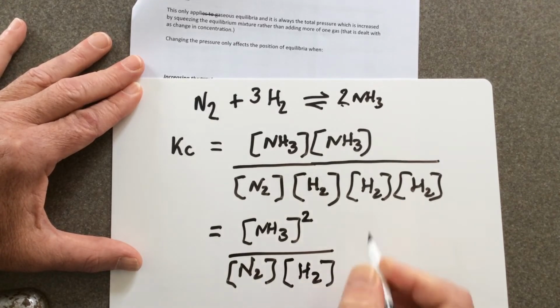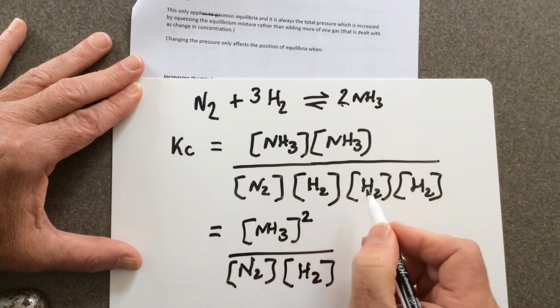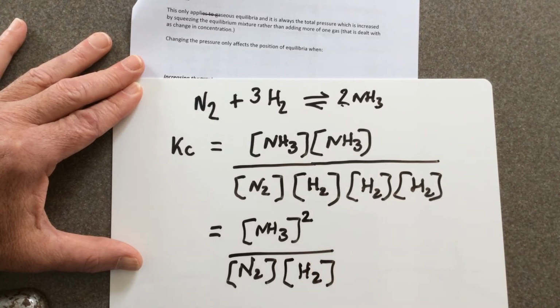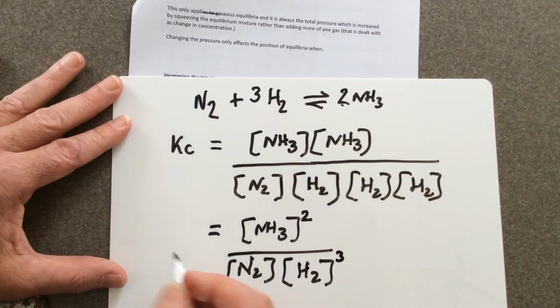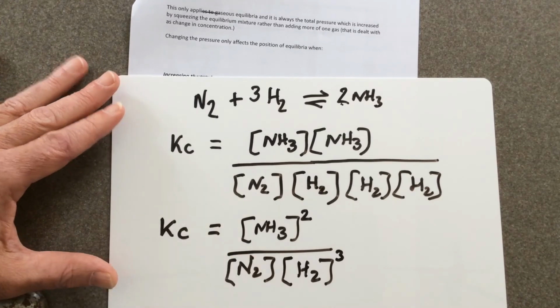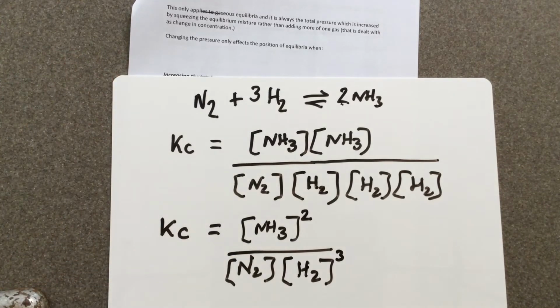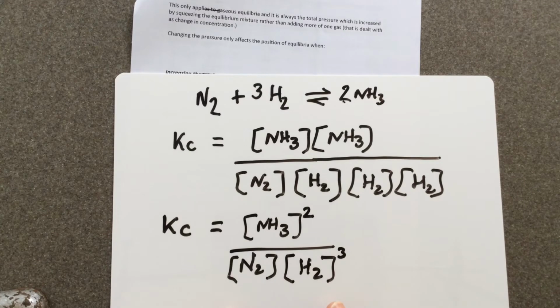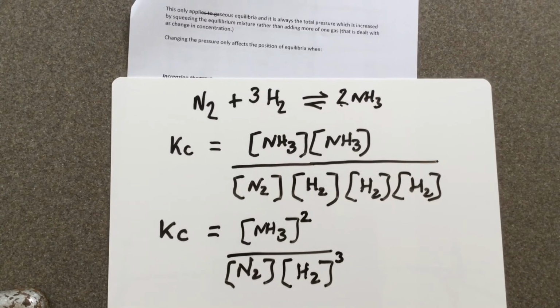I have got 3 concentration terms for hydrogen, all times together, so I'm going to cube that. So Kc is going to equal this particular expression, in this case. Okay.